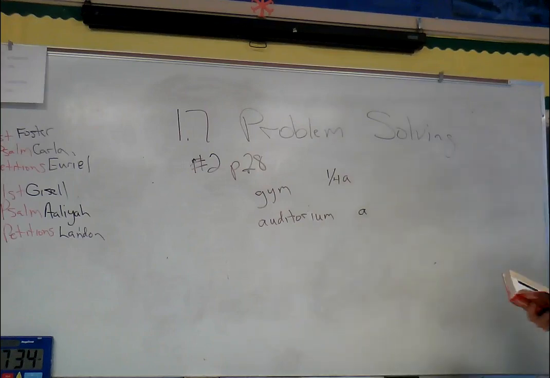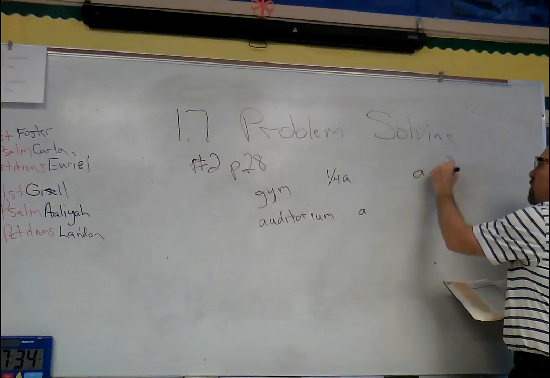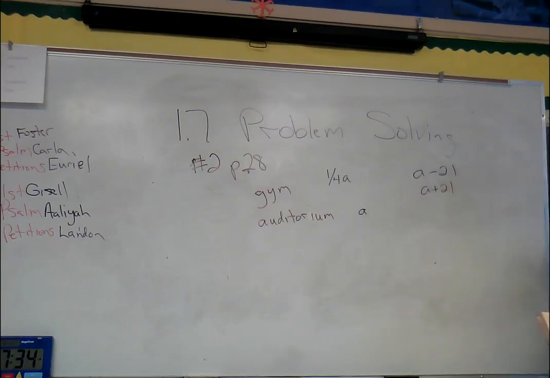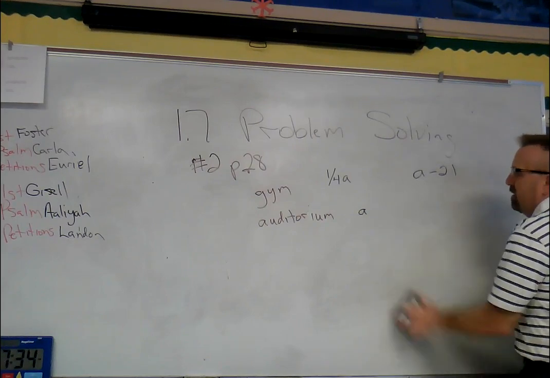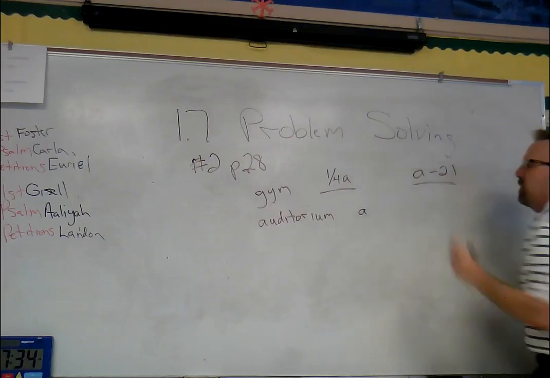And then here's the one that sometimes is confusing. It says 21 years newer. So in terms of age, do we want to subtract 21 or add 21? Because if it's newer, is it more years or less years? It's less years, so we're going to subtract. All right. So we know these two things about the gym's age.